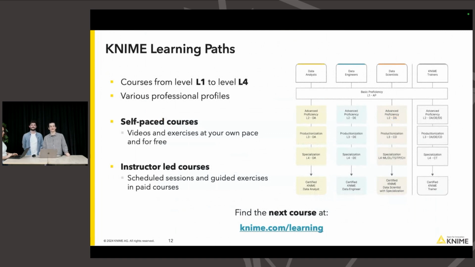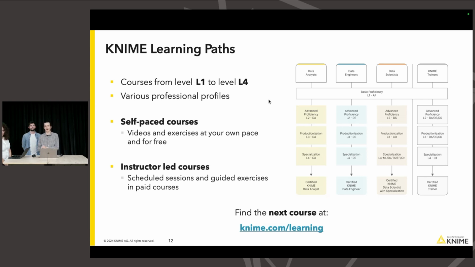So KNIME actually offers 4 learning paths of courses that are structured in this way. They have different focuses: data analysis, data engineering, data science, or if you're interested in teaching KNIME and becoming a KNIME trainer, there is also a dedicated path for that.